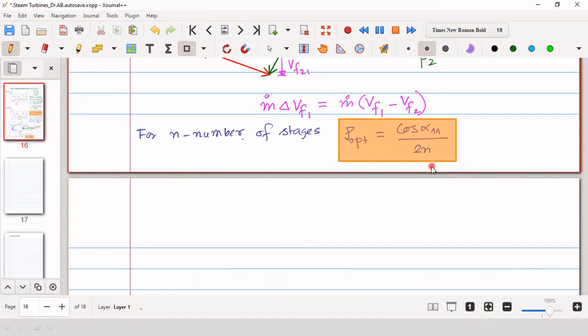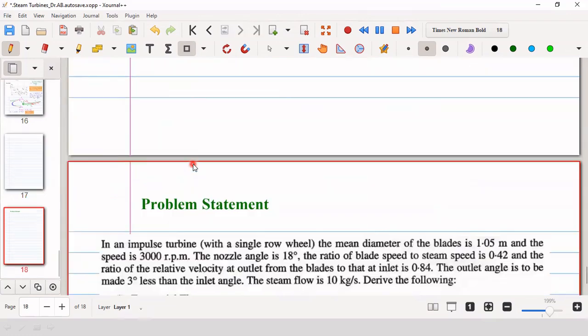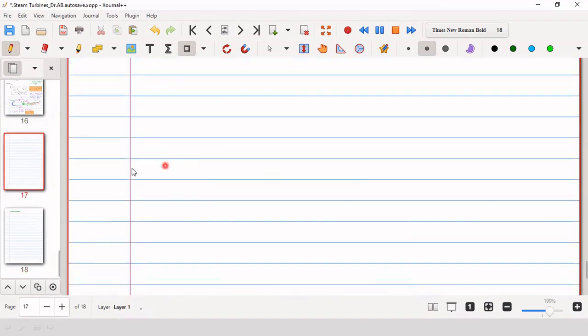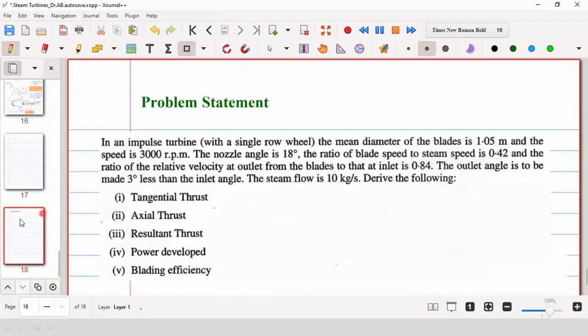Next, we will see the pressure compounded impulse turbine. Somehow it is deleted.